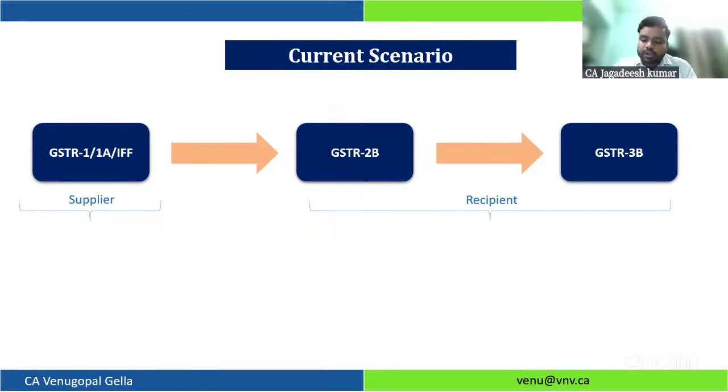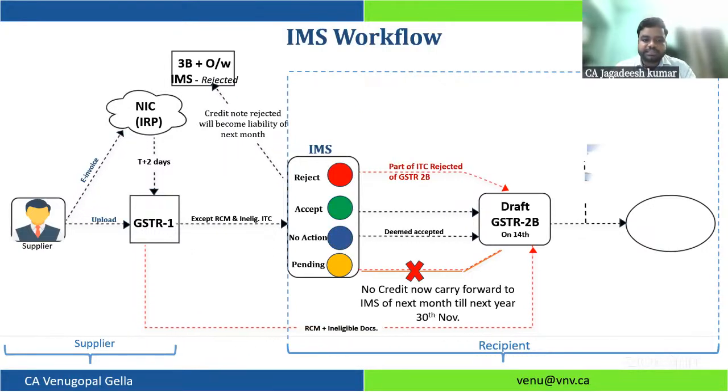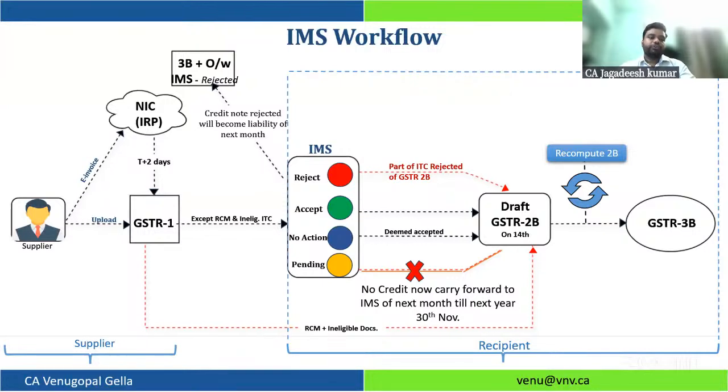Now GSTN has introduced the IMS, Invoice Management System, between your GSTR-1 and GSTR-2B. If you see here, as and when the supplier saves his record in the GSTR-1, earlier, under the current system, only when your supplier files the GSTR-1 would it be reflected in your 2B.